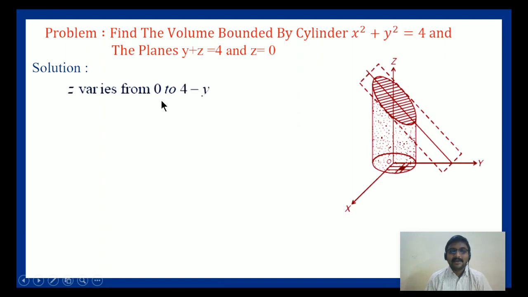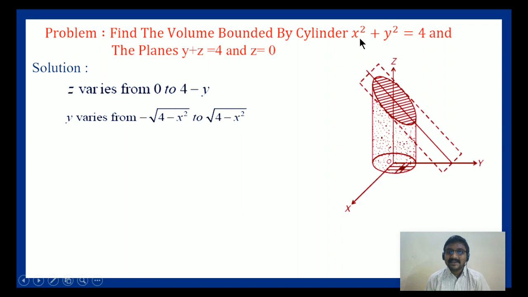Now we have to find the volume. For this we require z, y, x limits. Z limits are 0 to 4 minus y. So clearly z equal to 0, and we have the plane z equal to 4 minus y. So these are the limits related to z. And the y limits: the volume region is considered in the xy plane.